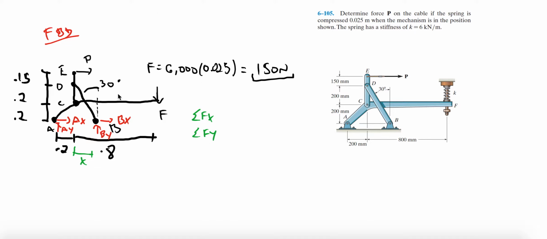And remember, here we have 5 unknowns, and technically we could use 3 equations, sum of the forces, sum of the moments. But like I said, I can't do the sum of the moments about B or about A or any other point because I don't have this distance x, right? That's very valuable. For any other point I pick, I need to get that distance.